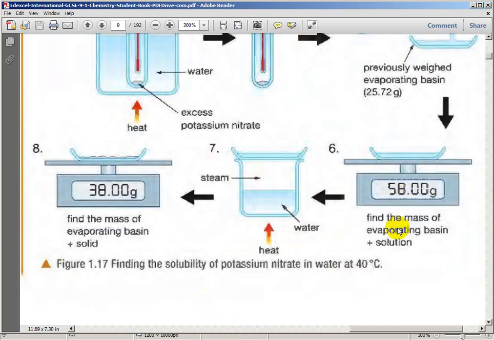And here is the evaporating basin and solution, 58, and the evaporating basin and solid, 38.